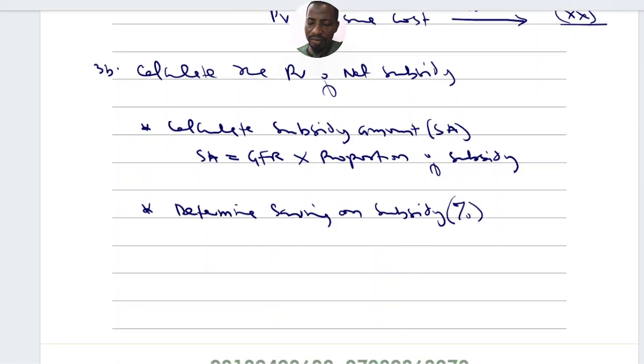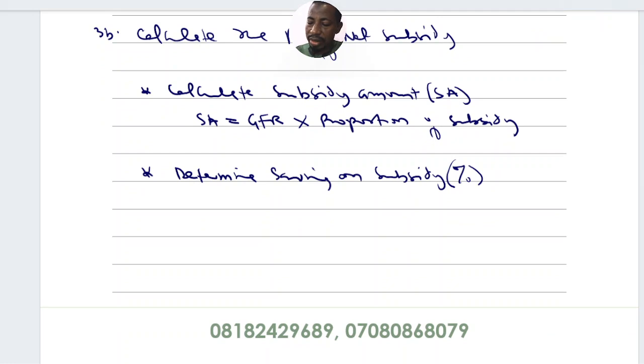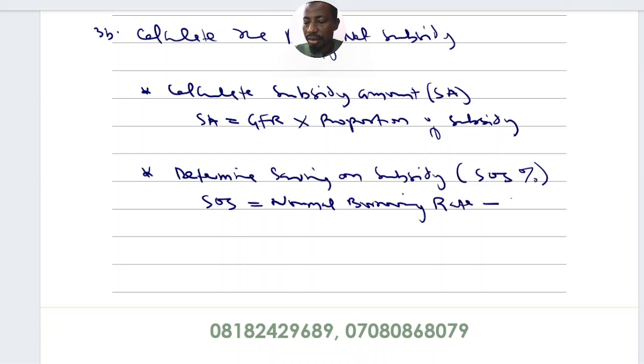How do you calculate savings on subsidy? Let me rewrite this. SOS in percentage. All right. Therefore, SOS, saving on subsidy, is calculated as the normal borrowing rate minus subsidy rate.